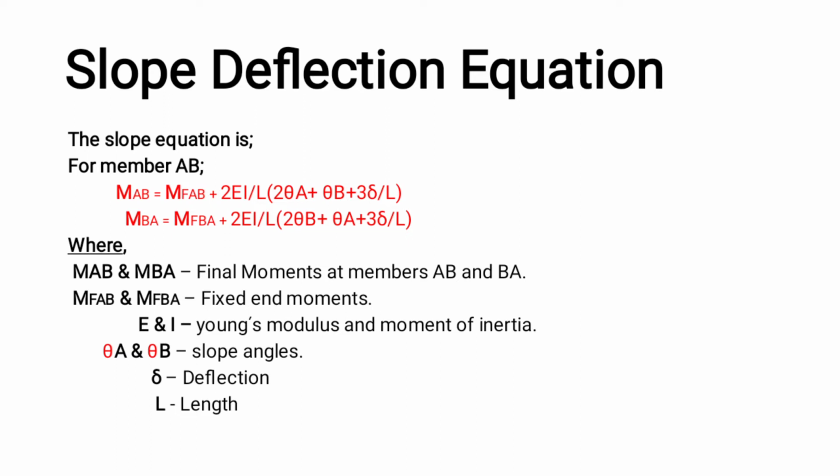M°AB and M°BA are fixed end moments. Capital E and I are Young's modulus and moment of inertia. θA and θB are slope angles, Δ is deflection, and L is length.